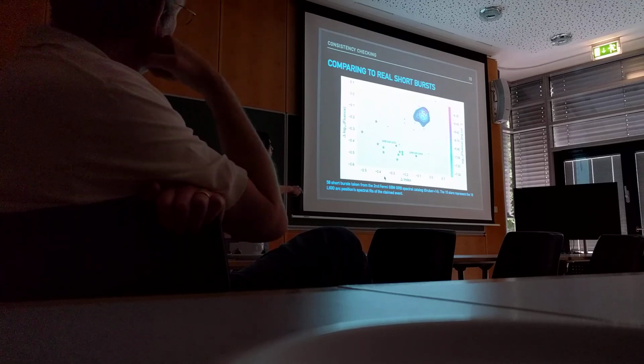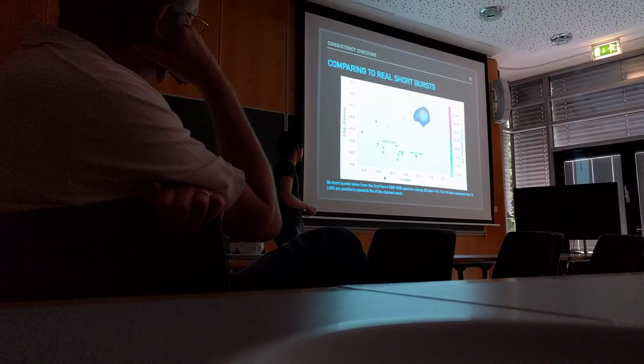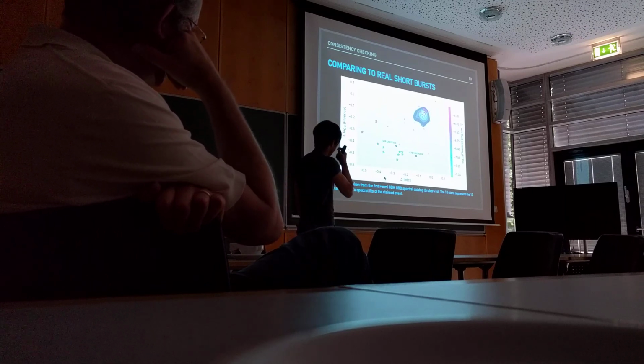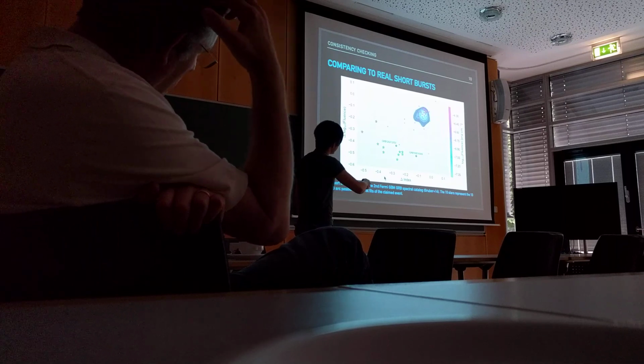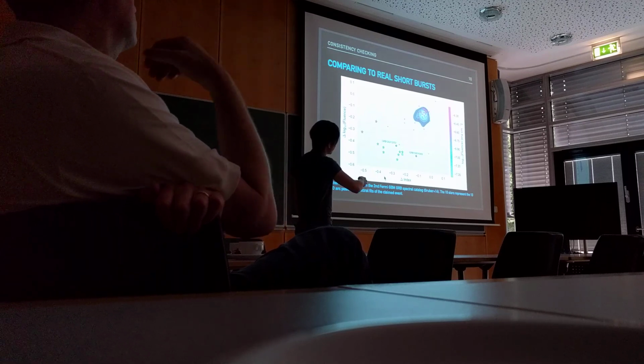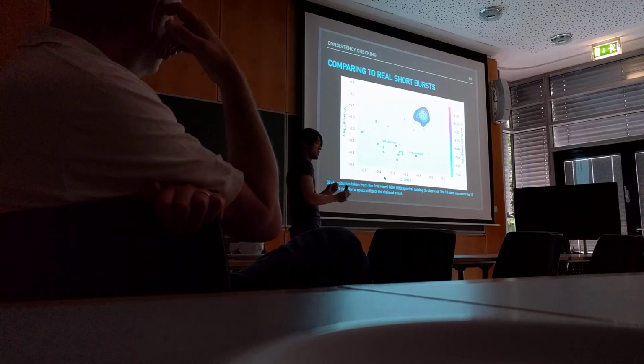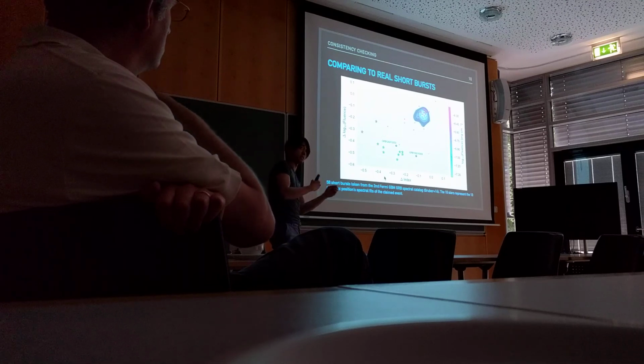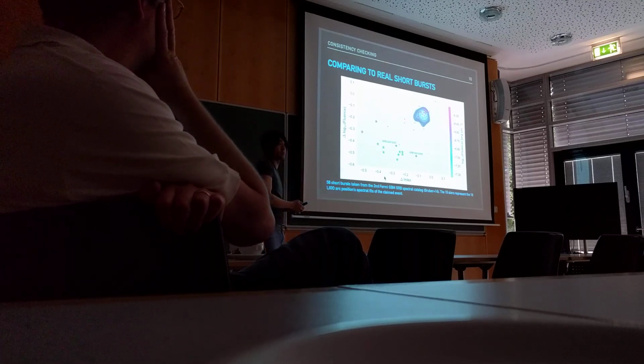We further take two more examples which were detected by Fermi. These two short gamma-ray bursts we show here have very similar differences to the 10 LIGO positions, which shows that there are some systematic shifts between the two methods, and we should be considering this in the analysis.